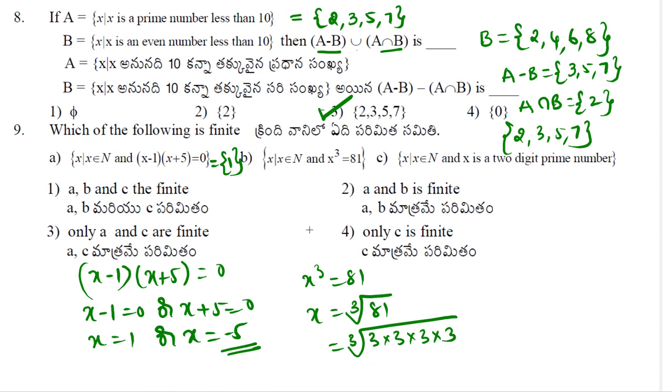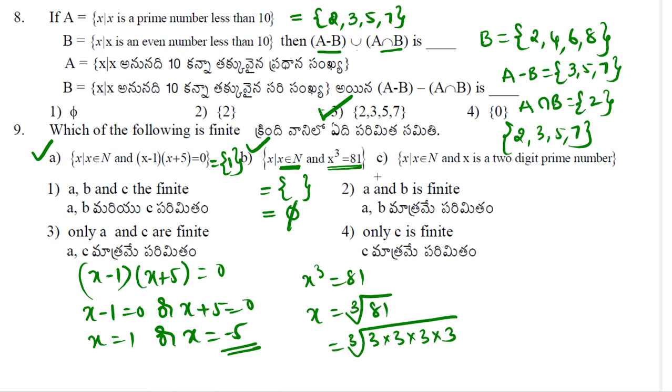So satisfying both the conditions, x belongs to N and x cube equals 81, there is no element. So this is equal to an empty set. We know that an empty set is also a finite set. So up to now, option A and option B, both we got as finite sets.